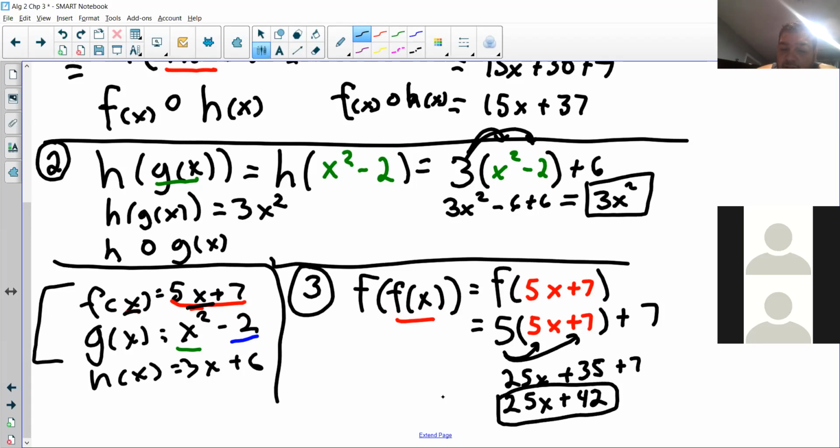So f of f of x equals 25x plus 42. Remember, it also could be written as f with an open circle f of x.